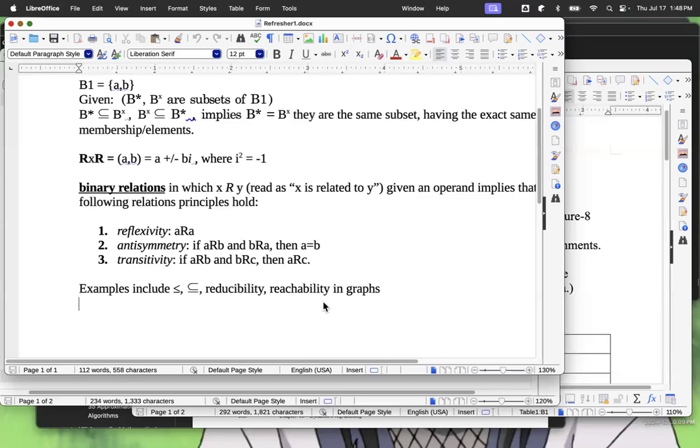Partial orderings are something we can rely on thanks to the fact that we have binary relations that help us establish or confirm those types of relationships. Is that clear?